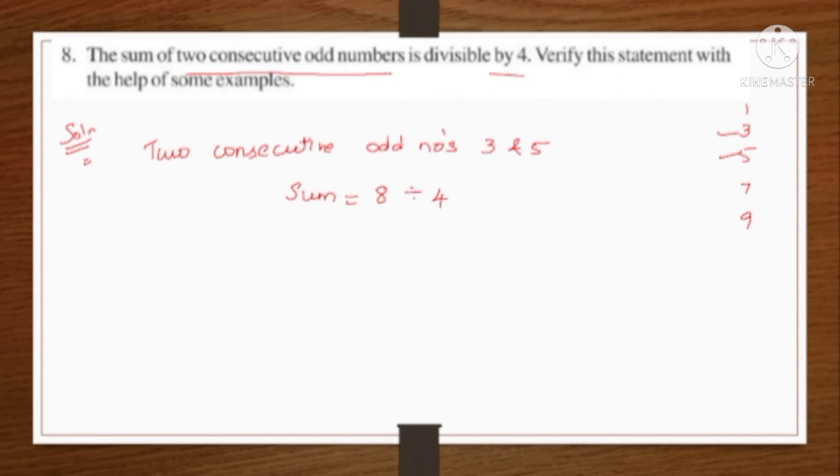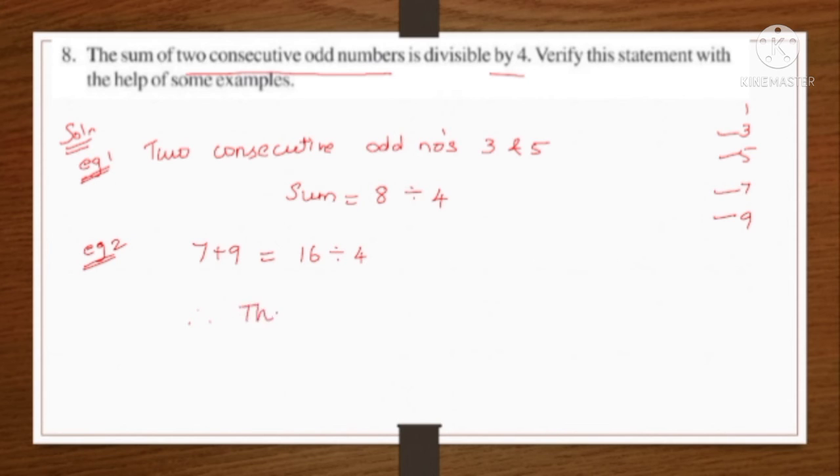Let us give some more examples. Let us take this to be example 1, and now example 2. Let us choose 7 and 9. 7 plus 9 is nothing but 16. 16 is divisible by 4. So thus the statement is verified.